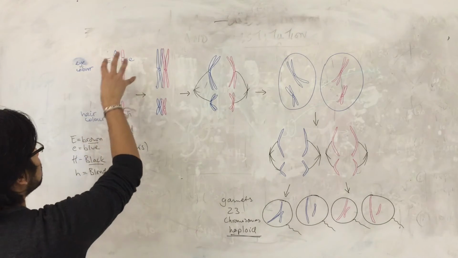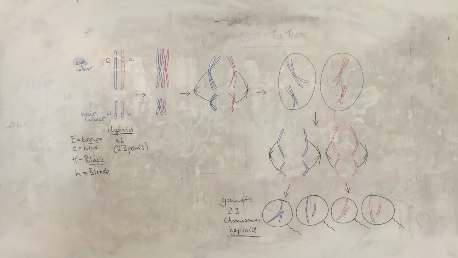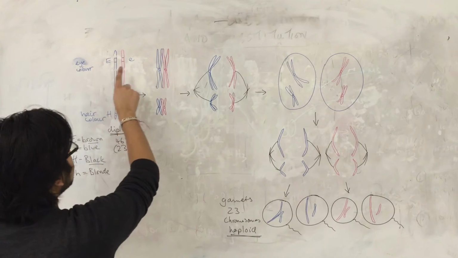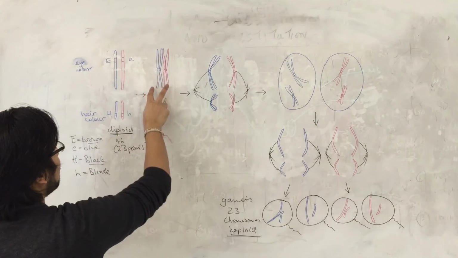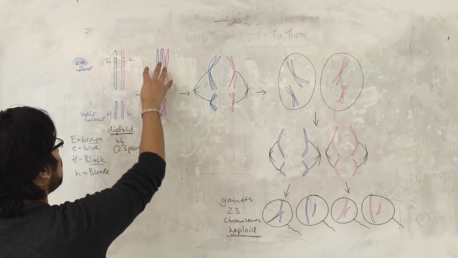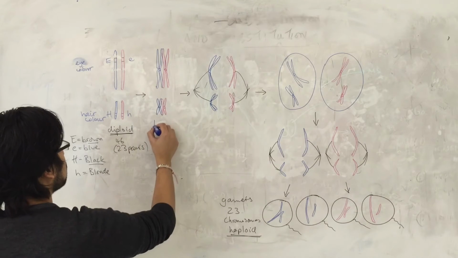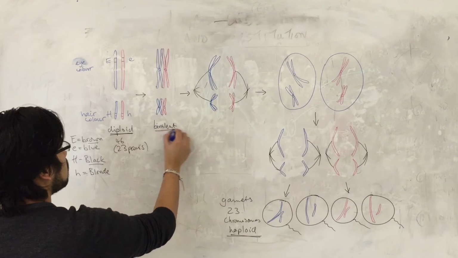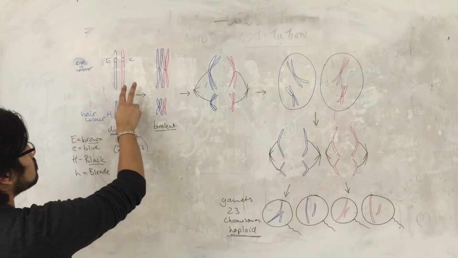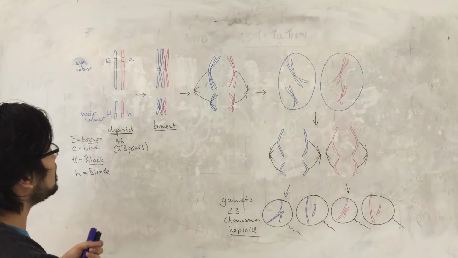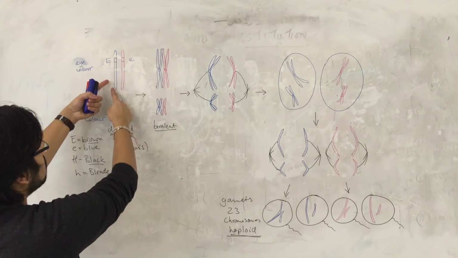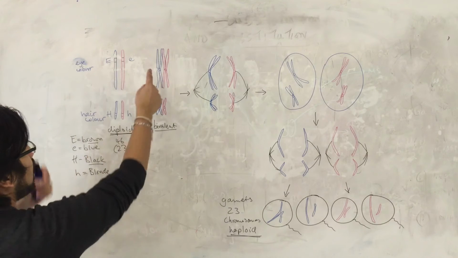In the first instance, each of the homologous pair of chromosomes will replicate, duplicate, and form this. This is called a bivalent, and that is an important term. So they each replicate, and once replicated, they are joined: the two identical copies of this chromosome, joined at the centromere.